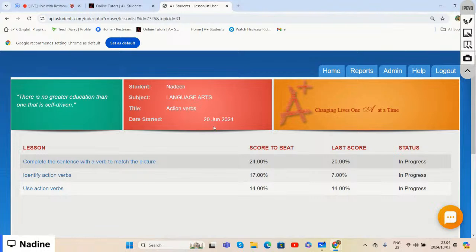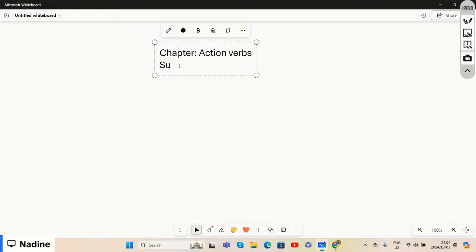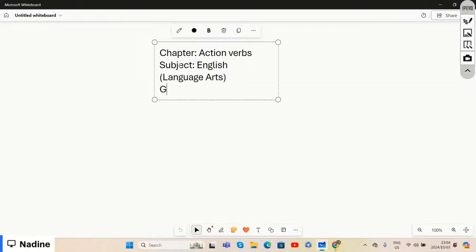All right. So our chapter is action verbs. Our subject is English language arts. We're doing grade 1.